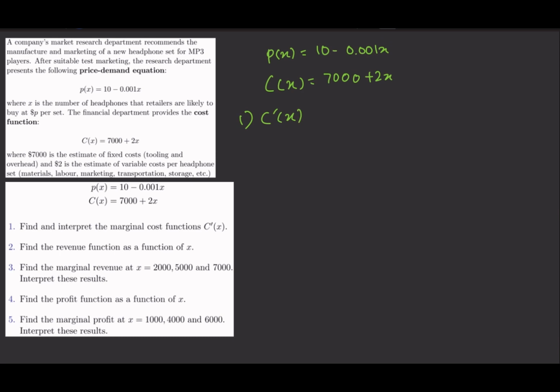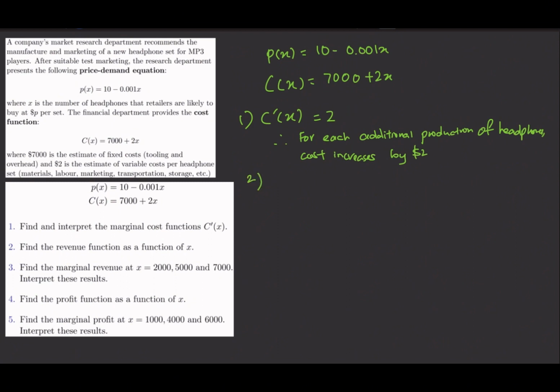Okay, we can just easily differentiate it, right? C prime of x equals 2. This means for each additional production of headphone, cost increases by $2.